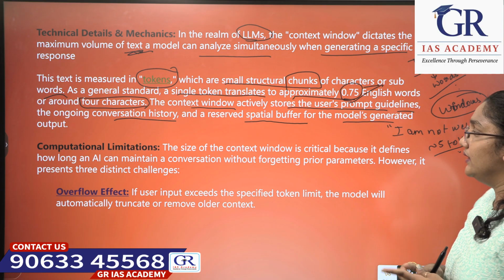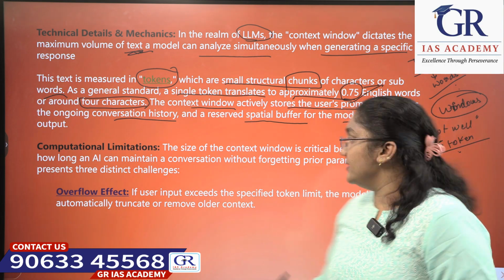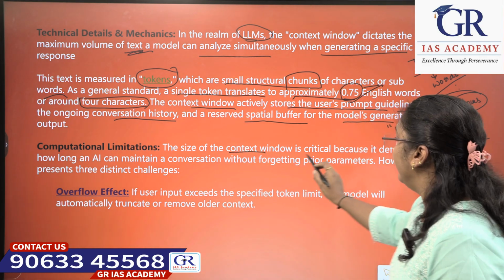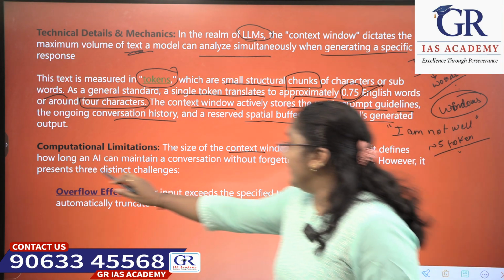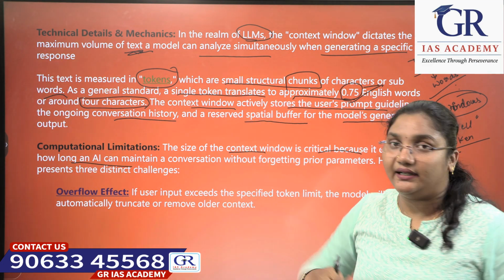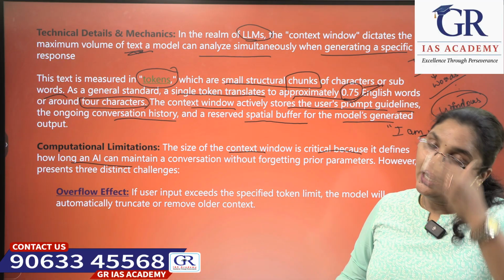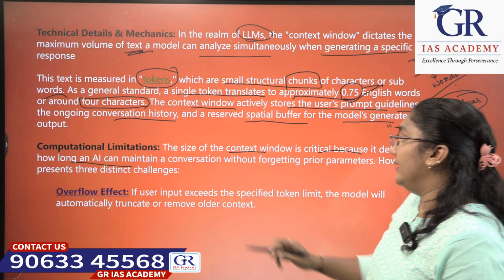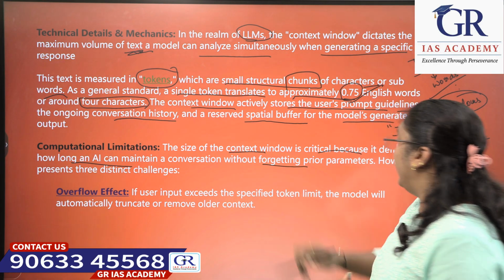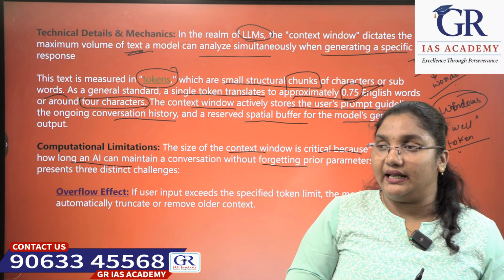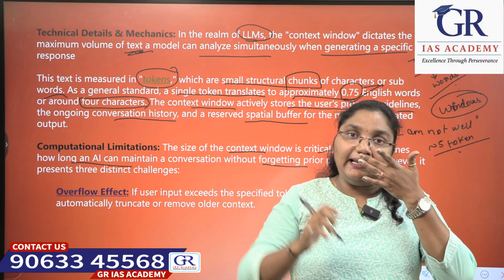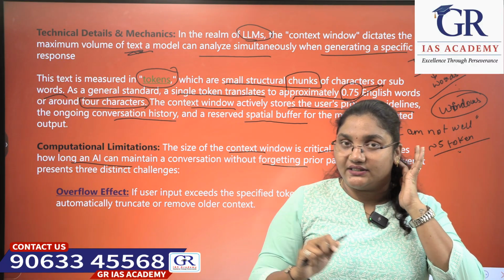Okay. Next, coming to the computational limitations, the size of the context window is critical because it defines how long an AI can maintain a conversation without forgetting prior parameters. Let's take the example of ChatGPT, and I ask about optical fibers.